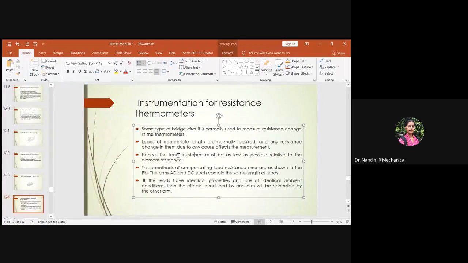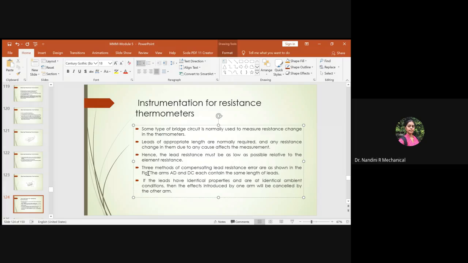So these are the concepts you have to keep in mind. Related to that, three methods of compensating lead resistance errors are shown in the figure. In the last class, we dealt with temperature compensation. Why? Because the strain varies with respect to the change in temperature. So in order to overcome these variations, we studied the temperature compensation methods.